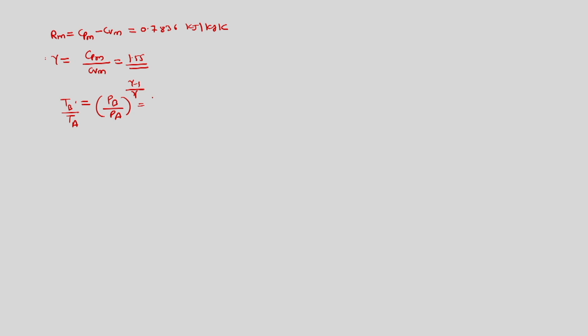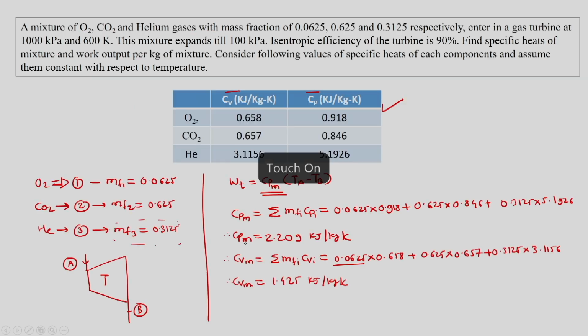As we know, turbine entrance condition is 1000 kPa and 600 Kelvin, and the end of the turbine is 100 kPa.